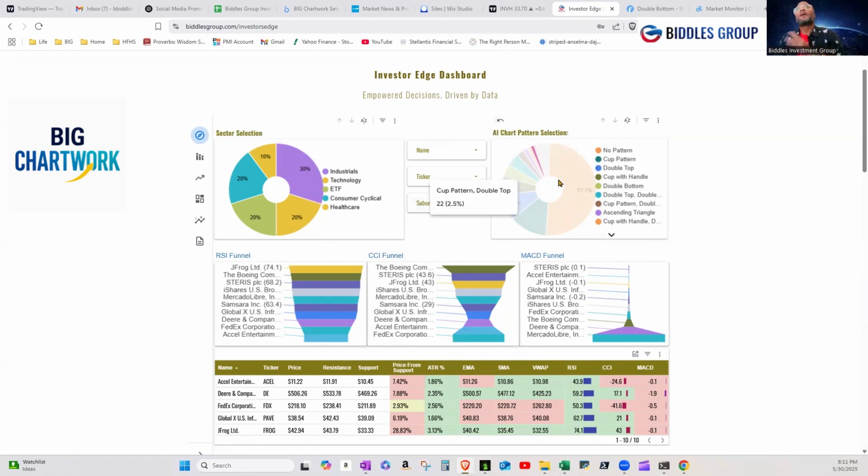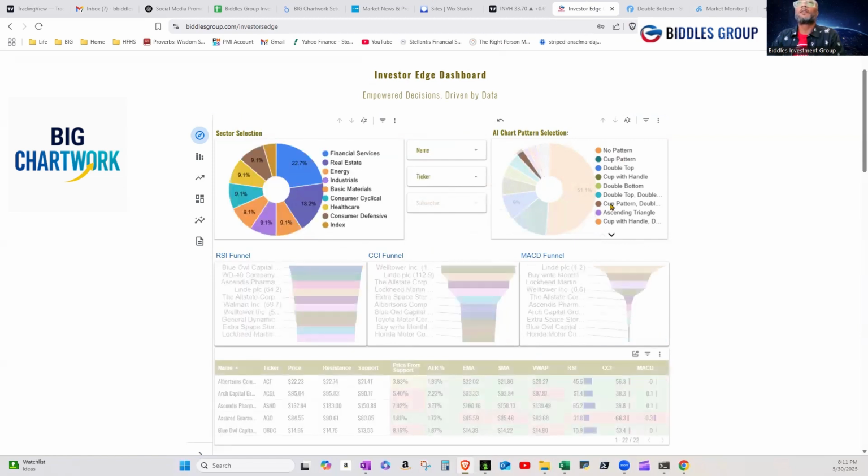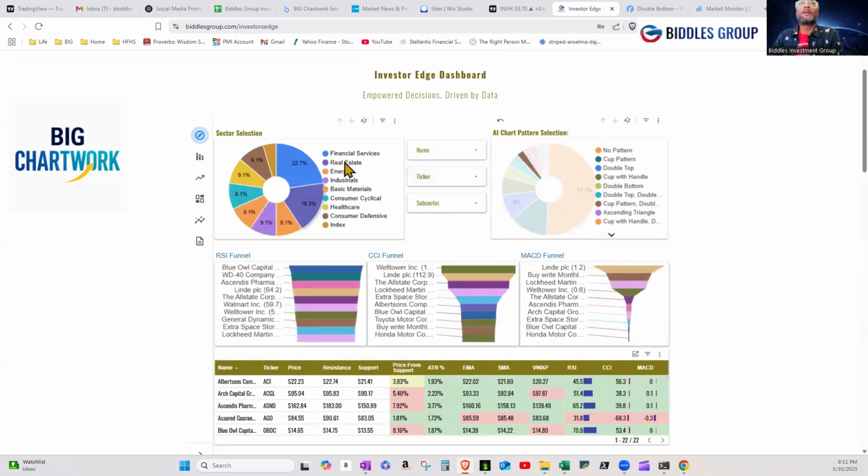So we selected the cup pattern, I believe. Let's select that cup pattern. And then we identified about 3 or 4 sectors. So we said materials, utilities, consumer staples. We don't have a cup pattern in any of those, but we know there's kind of a rotation in healthcare, maybe.